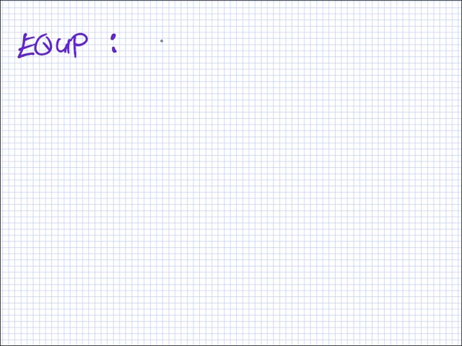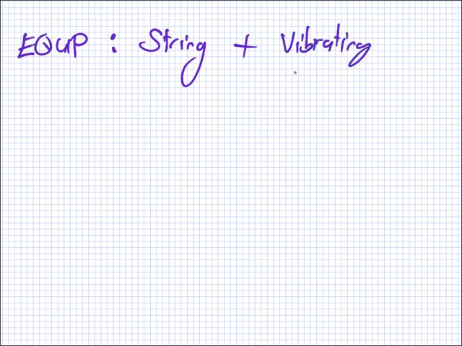What are the two things? String and vibrating motor. And it would be nice if you can set the frequency. I think in the video you could have a little dial so you could make it have a higher frequency or a lower frequency.